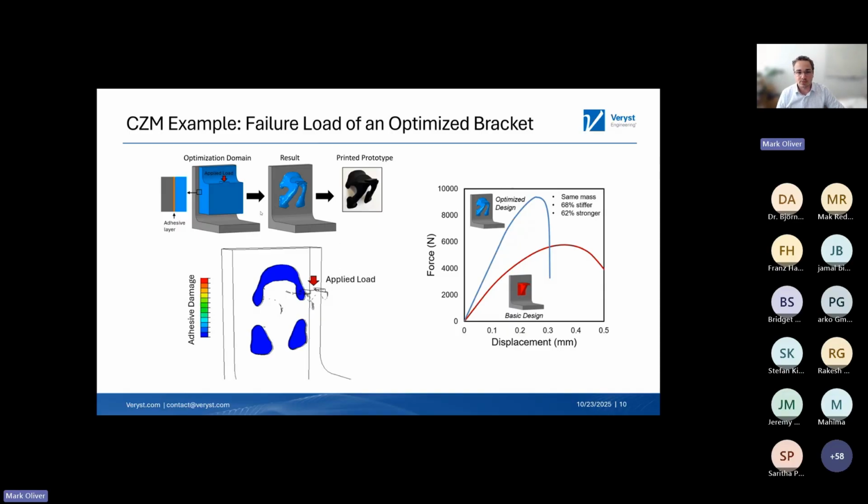So this is a little toy simulation where we used topology optimization to design a little bracket that's adhesively bonded to a vertical surface, and we're applying a load.